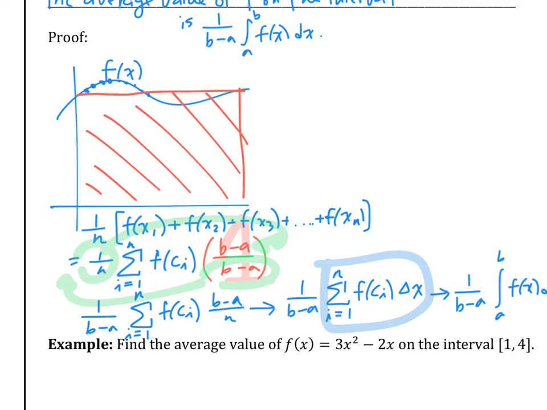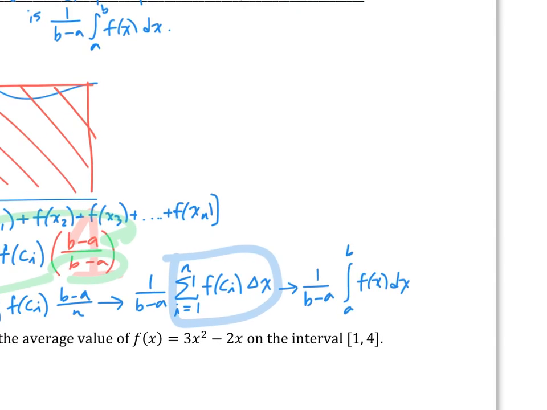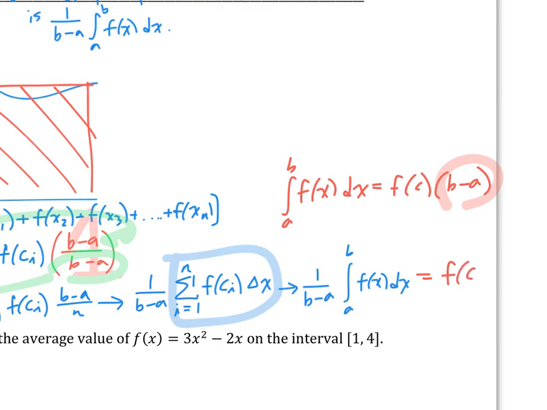So if you look at this number and compare that to the mean value theorem, it's literally the same, right? You just divide by that, you will get the average value. So this is really just equal to f of c. They're exactly the same thing.